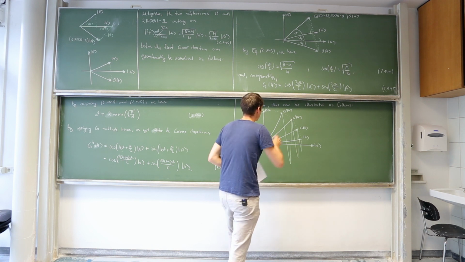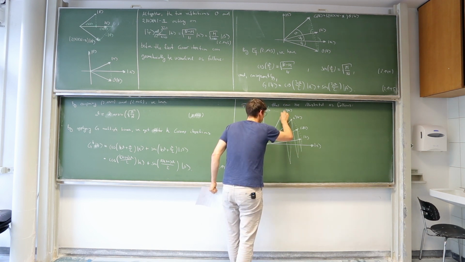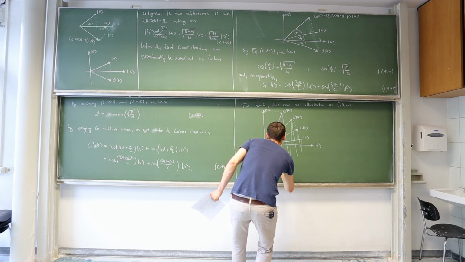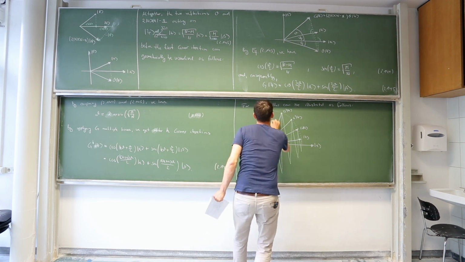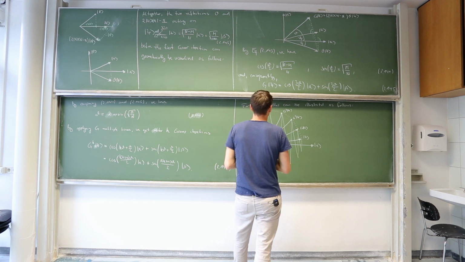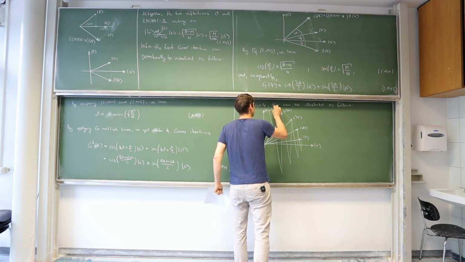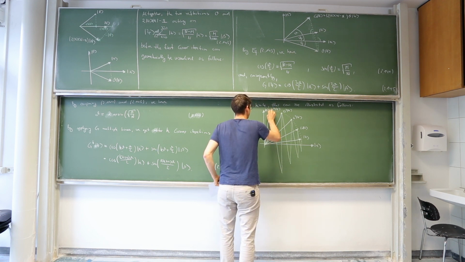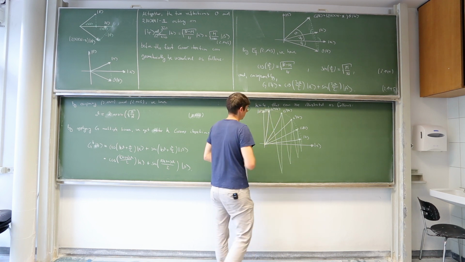Then the same thing again. We reflect with respect to alpha, so we go down here. And then with respect to psi, we go here. So this is G to the power of 4 psi. Okay, and let's stop then. This is beta.